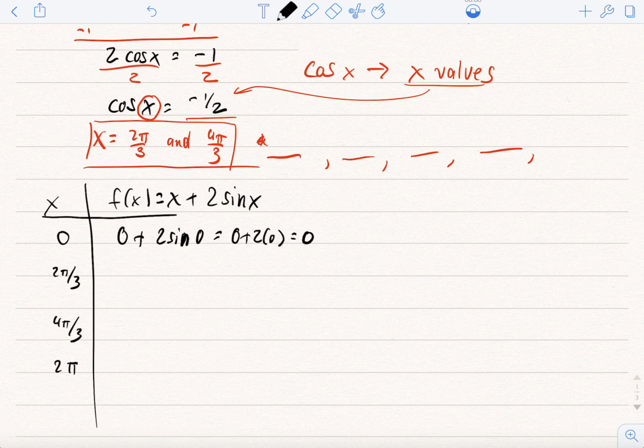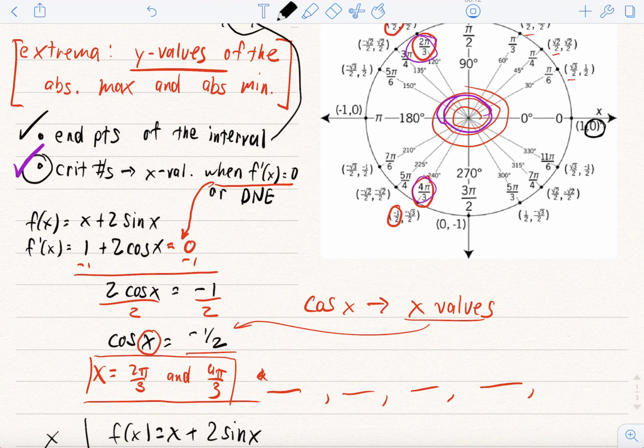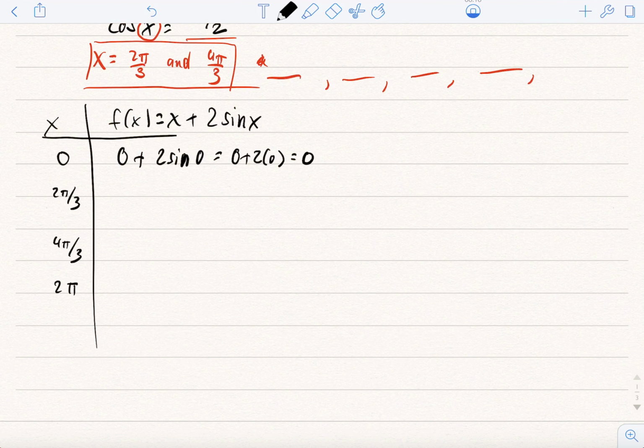Why don't we do 2 pi, because that's basically the same thing, right? 0 degrees and 0 radians is the same thing as 2 pi radians. If we plug that in, we get 2 pi when we substitute in for x, plus 2 times the sine of 2 pi, which is equal to 2 pi plus 0, and that's just 2 pi.